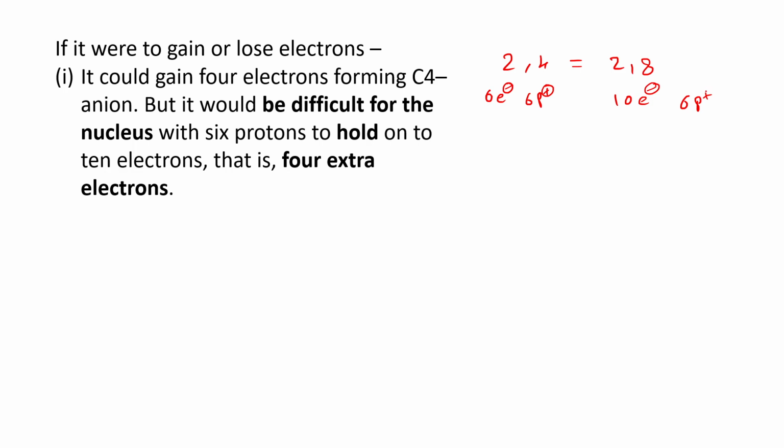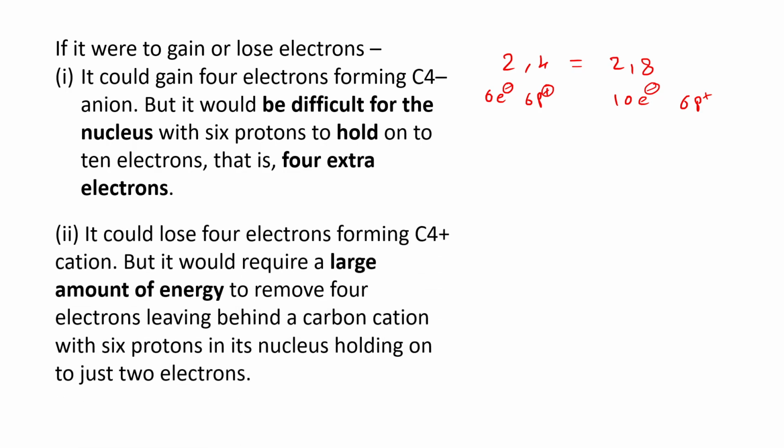What is the problem here? It would be difficult for the nucleus, that is 6 protons, to hold these 10 electrons. They cannot handle these 10 electrons. This C4 minus will become highly unstable, and that's why gaining 4 electrons is not easy. It's not acceptable.